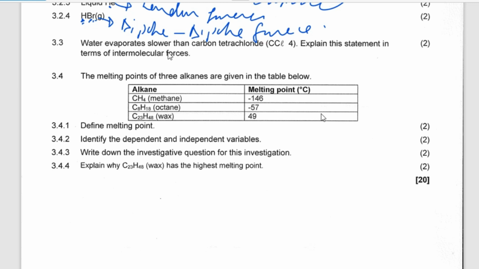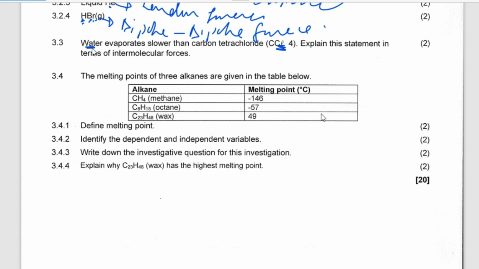They're saying that water evaporates slower than carbon tetrachloride or tetrachloromethane. Explain this statement. We saw that carbon tetrachloride is non-polar, while water is polar.